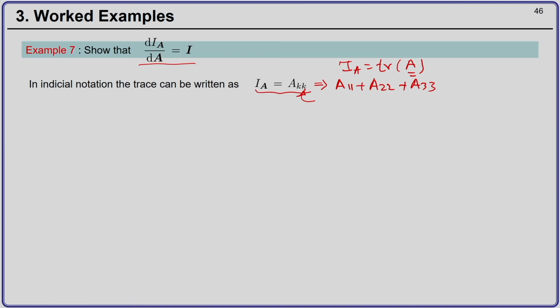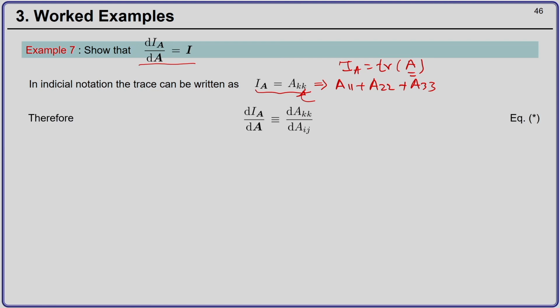Because we have not written no sum rule, a summation over k is already implied. So, trace of A can be written as A subscript kk. That is the first invariant of a second order tensor.